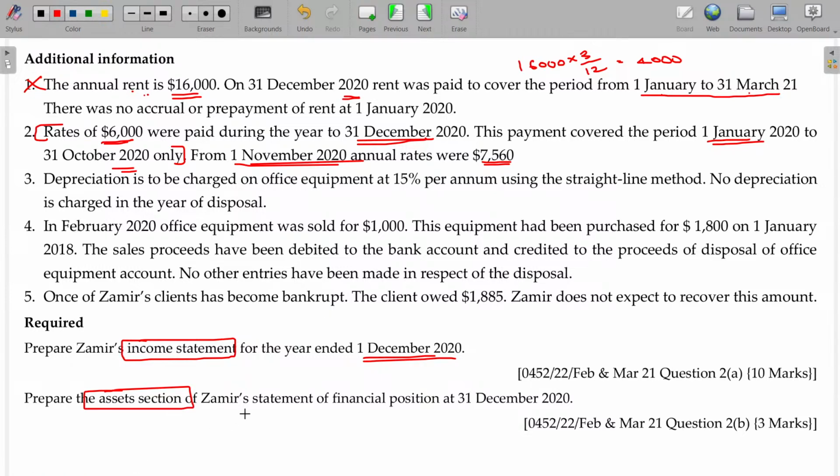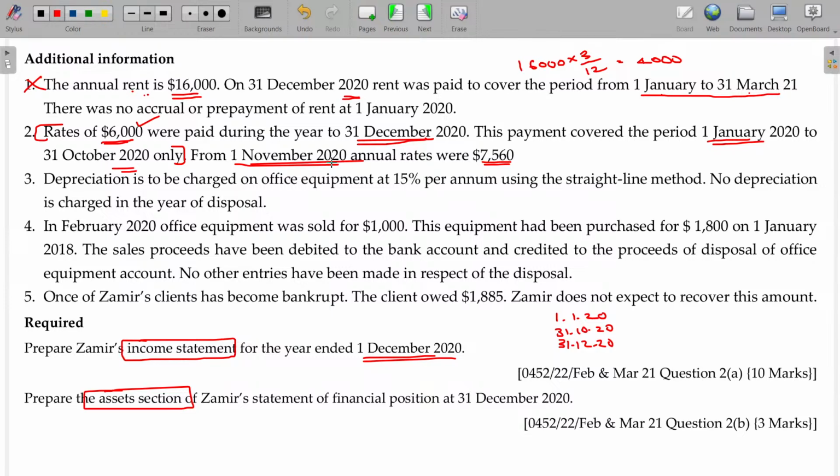Now 1st January, I will work out this one here. 1st January 2020 to 31st December 2020. This is one full year. But this 6,000 is applicable only up to 31st October 2020.